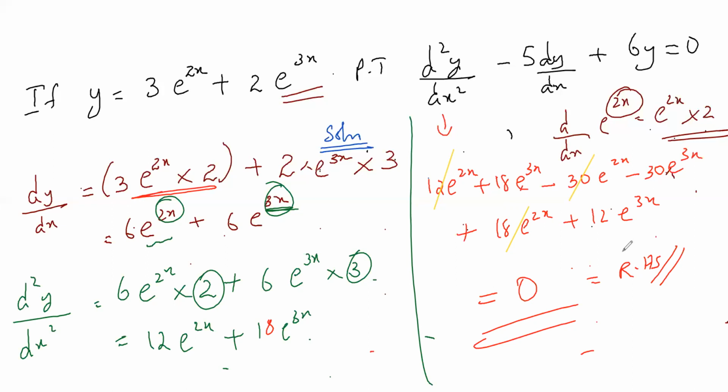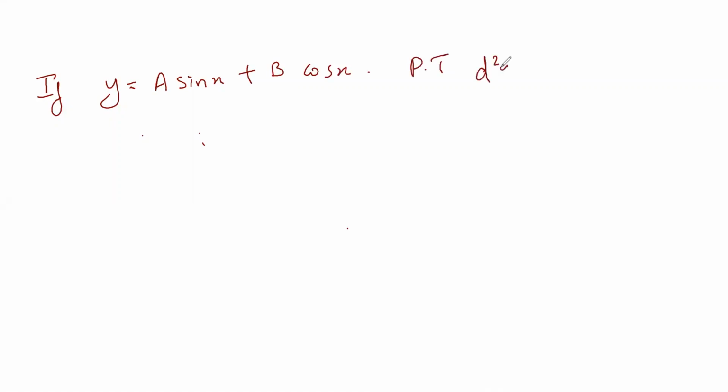If everyone is ready, then I will give you a small, very easy question to do. Just send me the pic in WhatsApp. Even if you're wrong, it's not a problem here. If y is equal to a sin x plus b cos x, prove that d square y by dx square plus y is equal to 0.